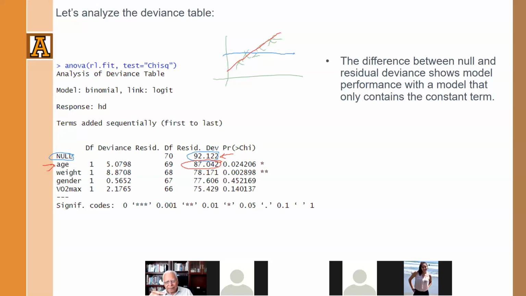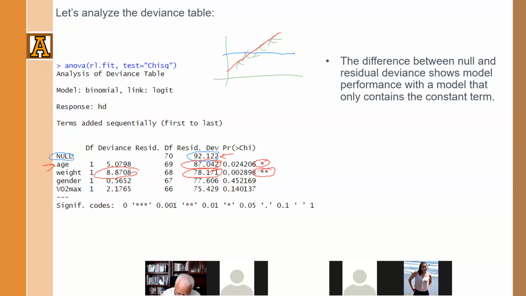If I add now the weight of the individual, it reduces the deviance even more. That reduces the deviance by 8.87 units. So now I bring deviance to 78.171. So this is significant at the 5% significance level, and this is significant at the 0.01 significance level. Okay.